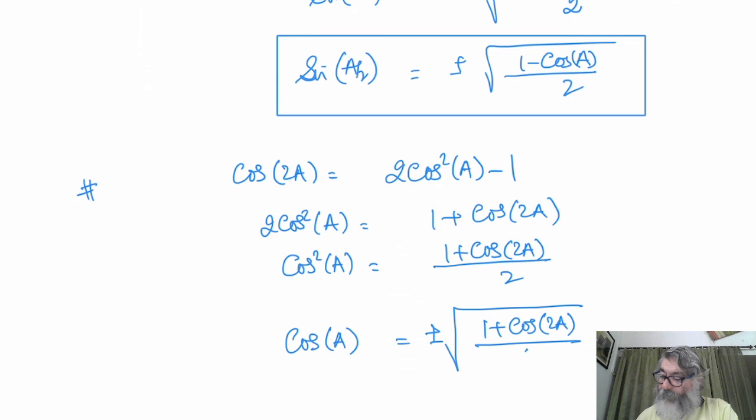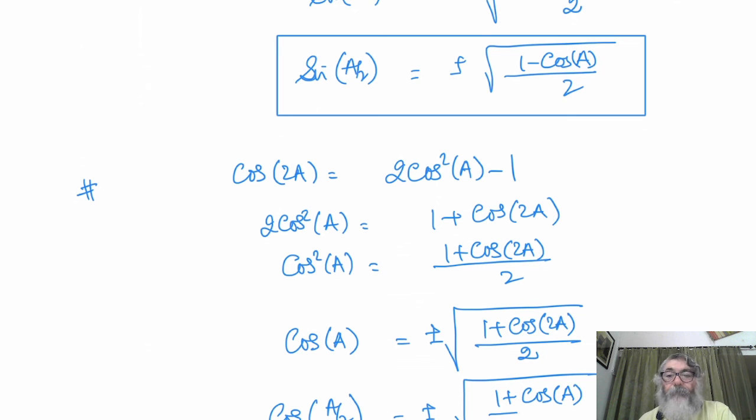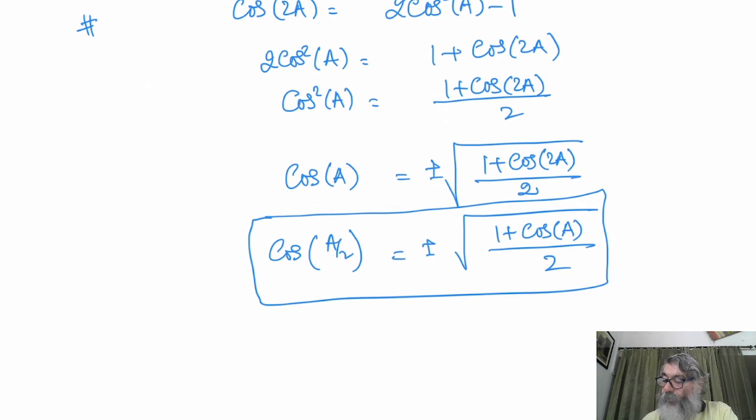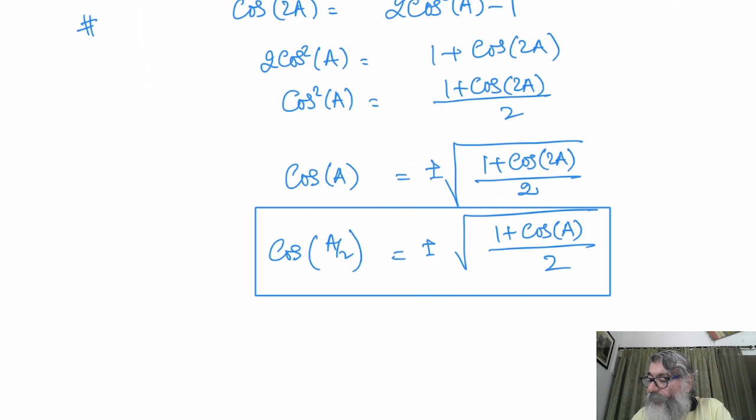Or if I write cos A upon 2, then it will become plus minus under root 1 plus cos A upon 2.